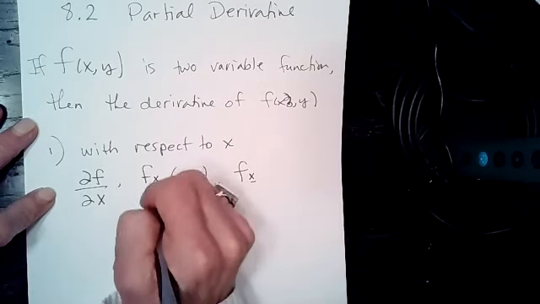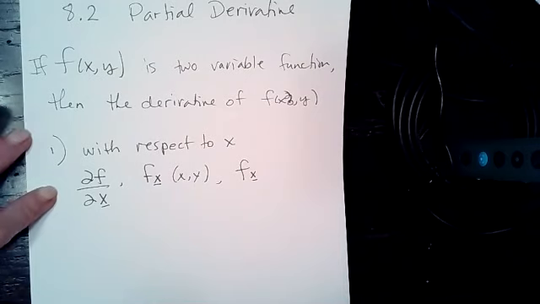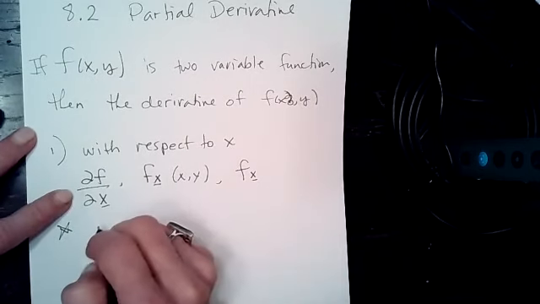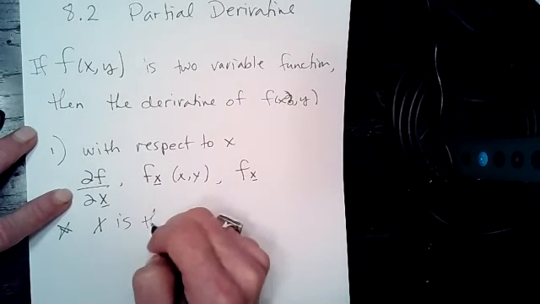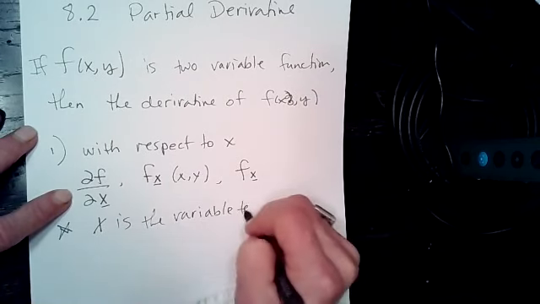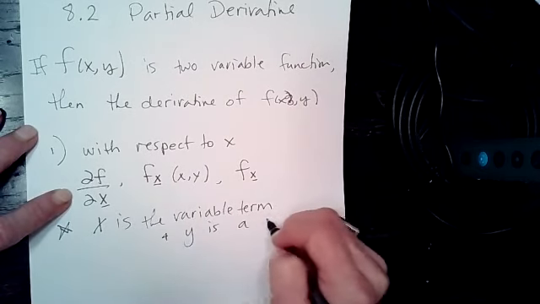So that's how you know what variable you're using with respect to, because what happens if we take the derivative with respect to x? Then x is our variable term, and y is a constant.